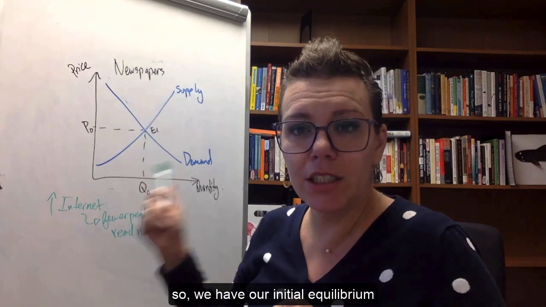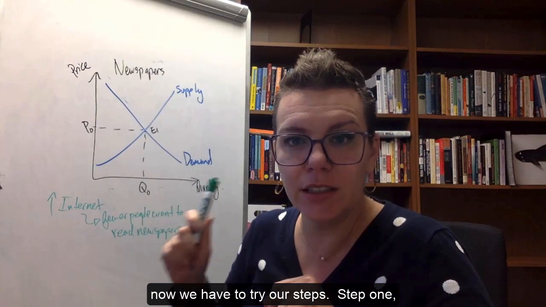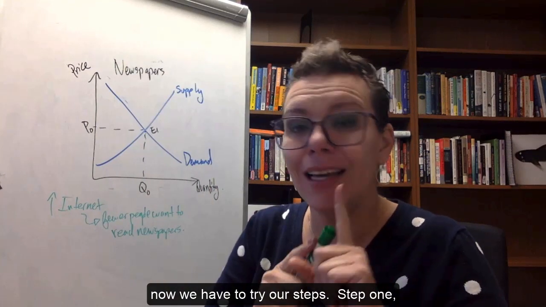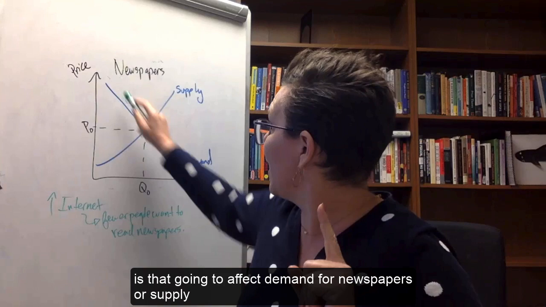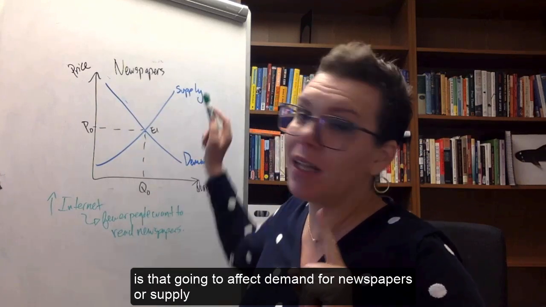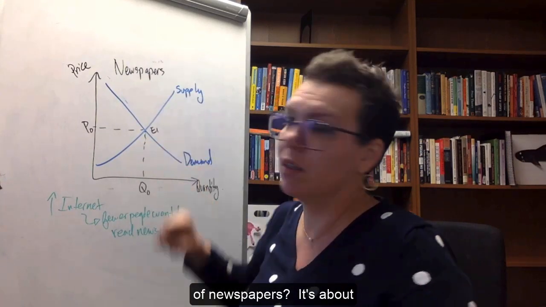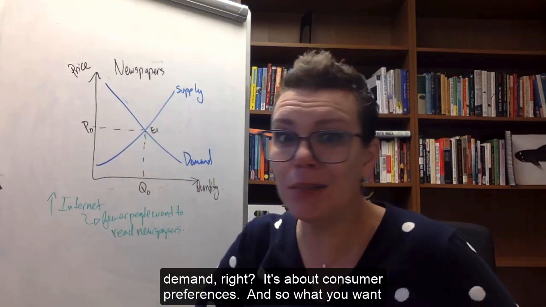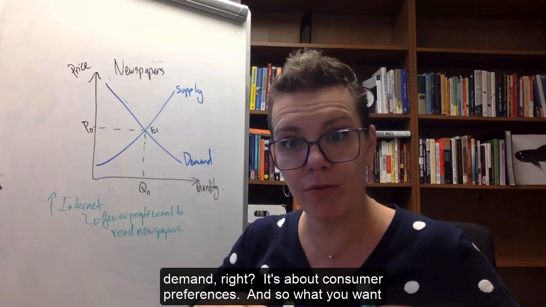So we have our initial equilibrium. Now we have to try our steps. Step 1, is that going to affect demand for newspapers or supply of newspapers? It's about demand, right? It's about consumer preferences.